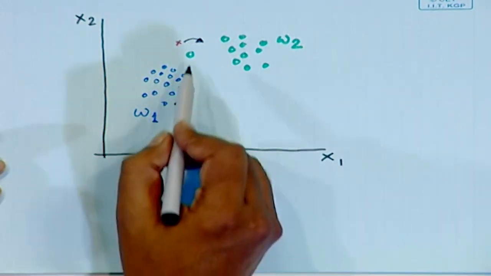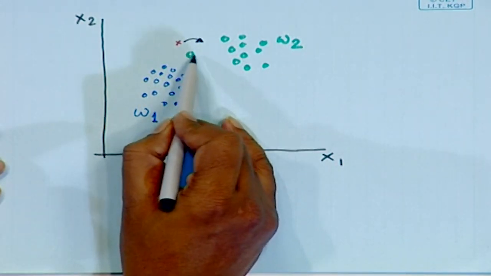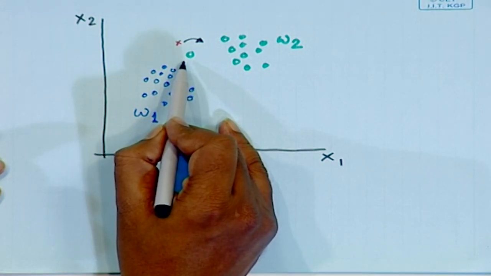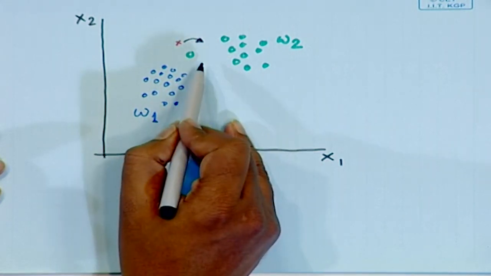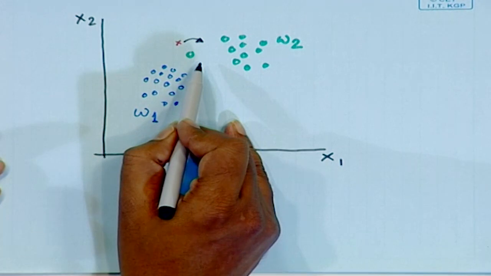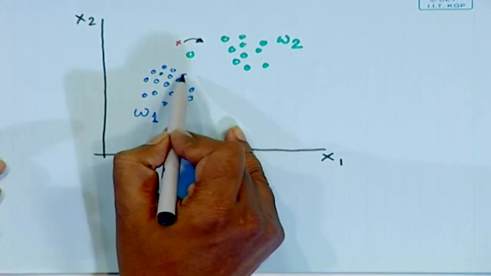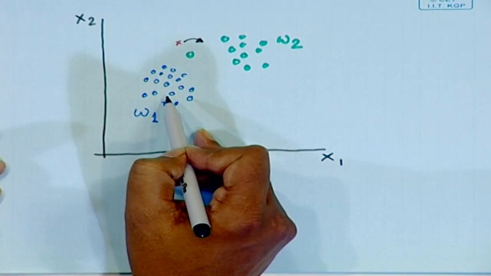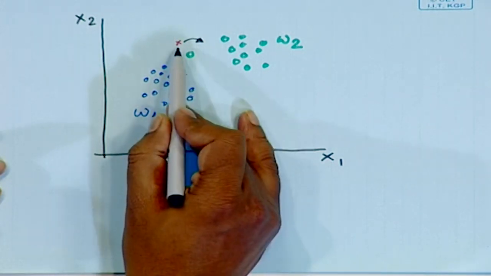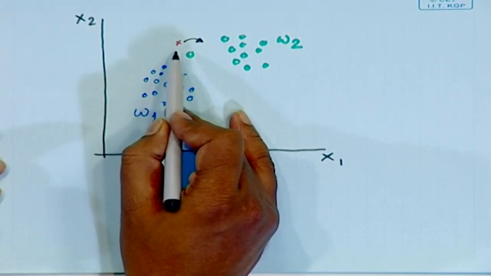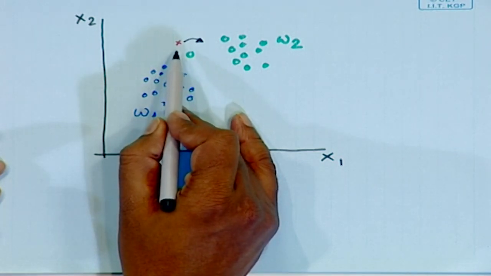However, you find that here I have a single sample from class omega 2, whereas I have more samples from class omega 1, which should influence the classification of this unknown sample.